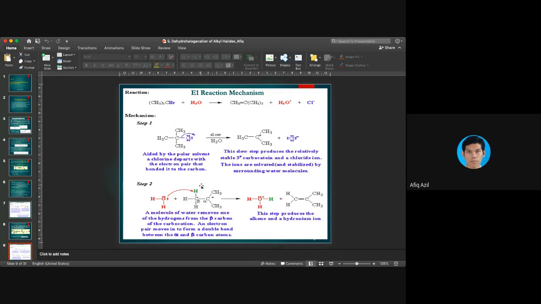In this case, it can attack this hydrogen or this hydrogen or this hydrogen. These are all in the same environment. Okay, once it takes the hydrogen, then your alkene will be formed. Okay, the product will always be an alkene.